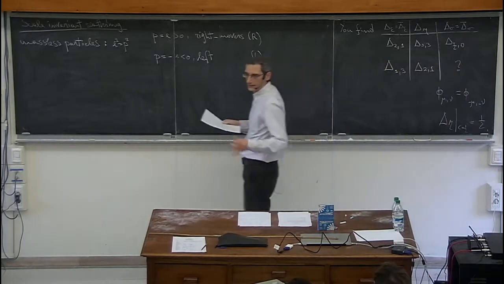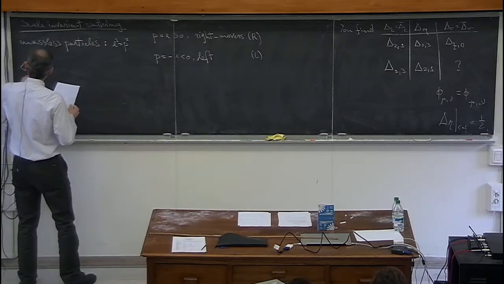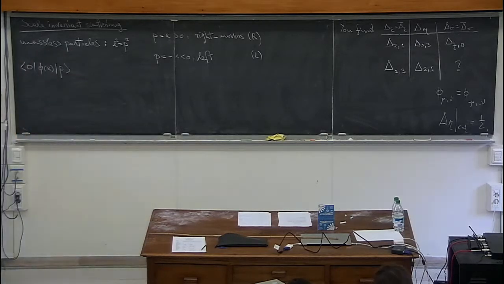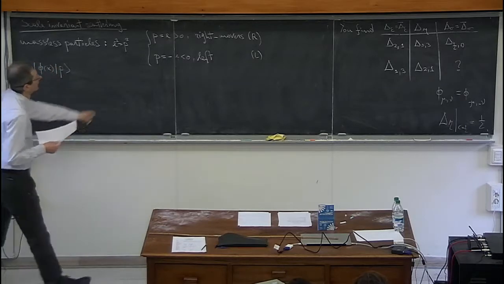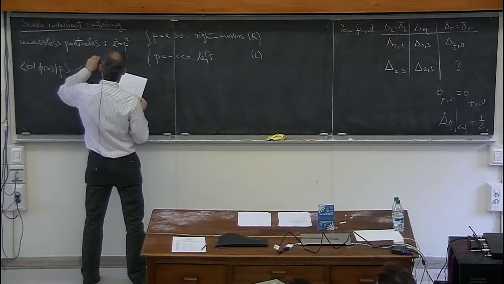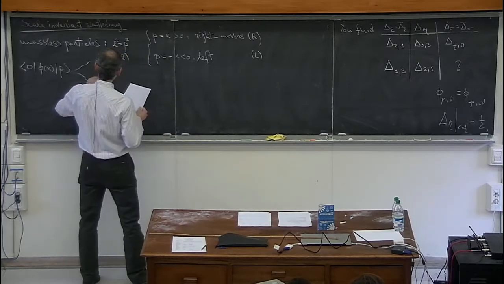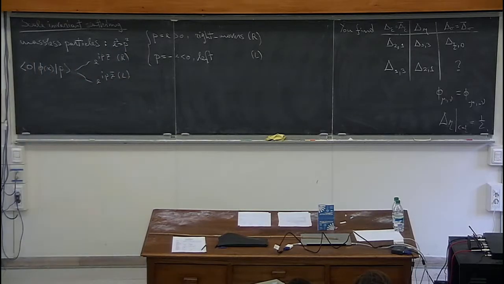Then if I think of fields which create these particles in the way I defined at the beginning, well, it is quite clear if you take this matrix element and you consider these conditions, you extract the x dependence, this is going to give a factor e to the ipz for right movers and a factor e to the ipz bar for left movers, just because p is equal to plus or minus e.